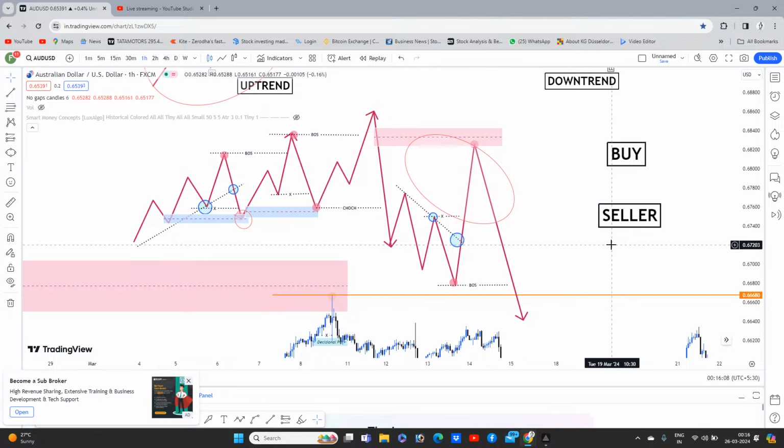As simple as that. They need opposite orders, they need sellers for their buying. So first of all, they let you buy, and after that they hunt those sellings and go in the same direction.